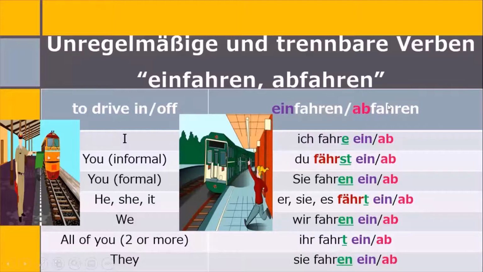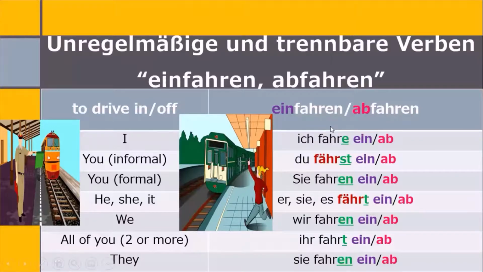The verb fahren I mentioned in my previous tutorial to mean to drive a vehicle, but it is also used in German to ride a bicycle, if you remember. Putting ein before fahren changes the meaning of this verb. Einfahren means to drive into.